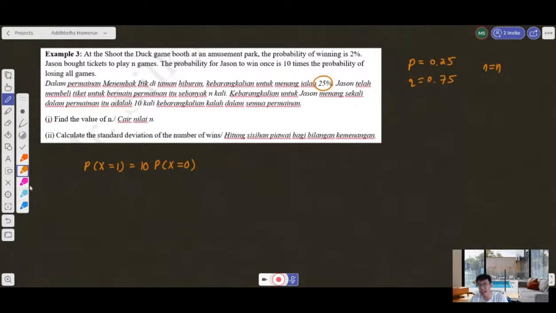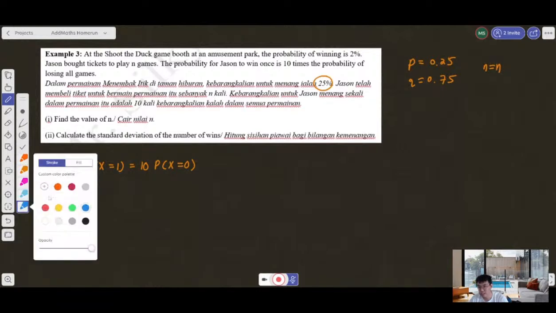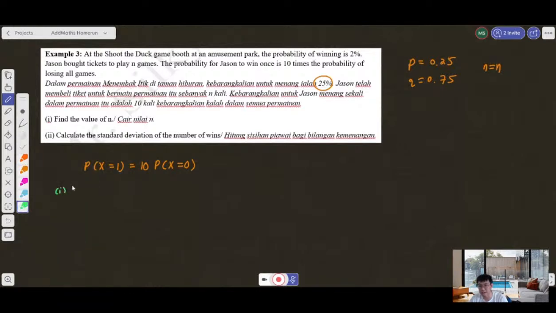I build this equation and I have to solve it. P(X=1) is nC1, 0.25 power 1, 0.75 power n minus 1, equal to 10 times lose everything. Lose everything is nC0, 0.25 power 0, 0.75 power n. As we can see here, nC0 is 1.